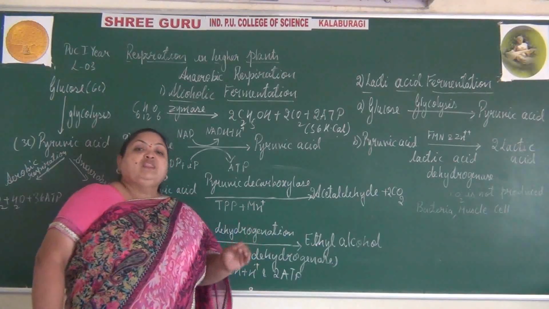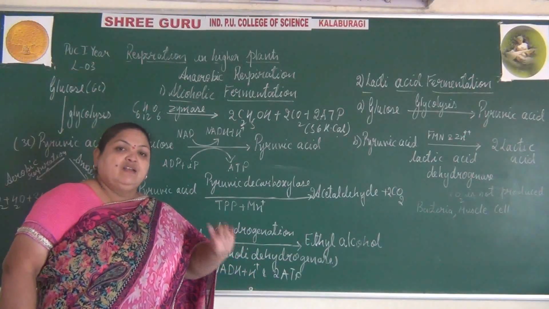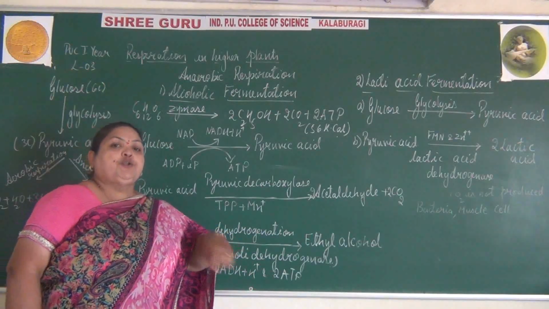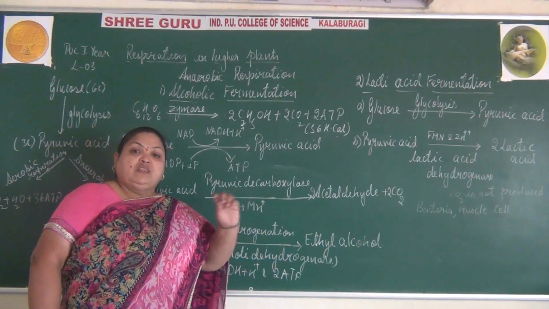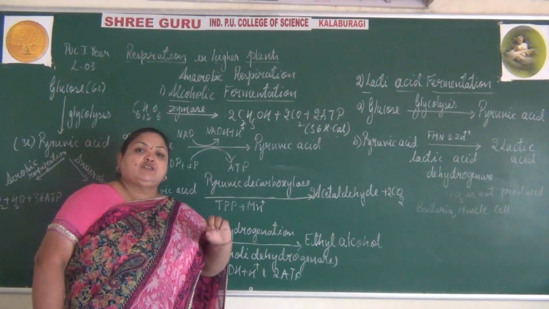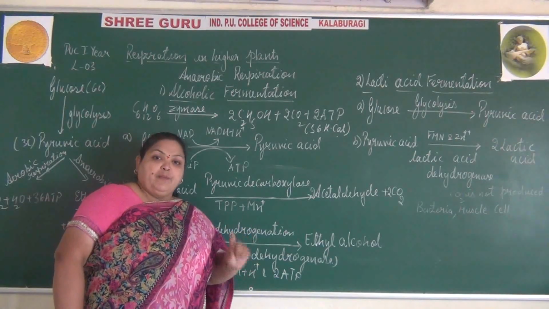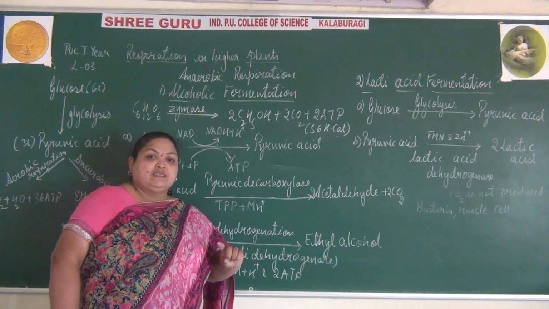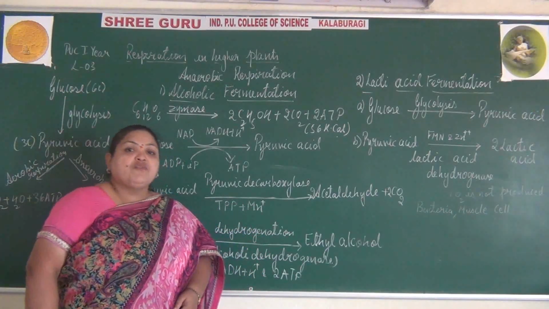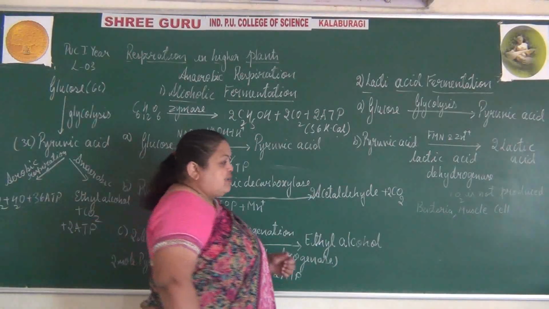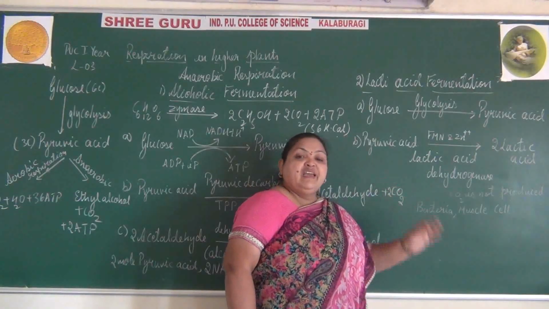With the help of the bacteria Lactobacillus, the lactose is converted into lactic acid, which we get in the form of curds. In some fungi also the process occurs.